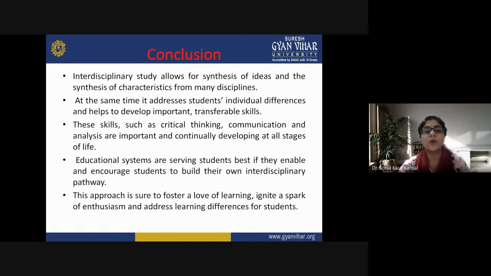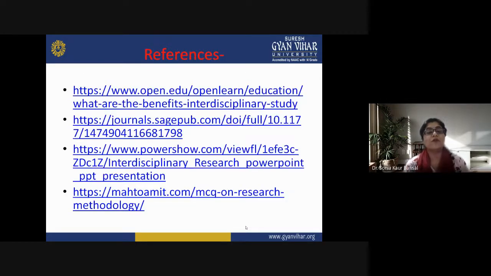This approach is sure to foster a love of learning in students, ignite a spark of enthusiasm and address learning differences for students. So it will work in a wonderful way if we are following all the conclusions.